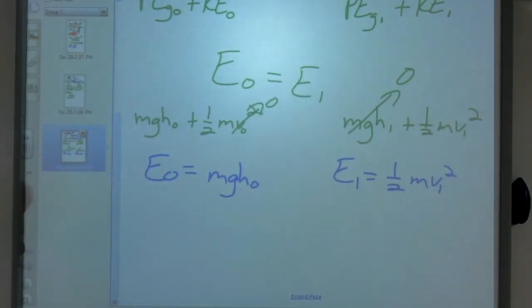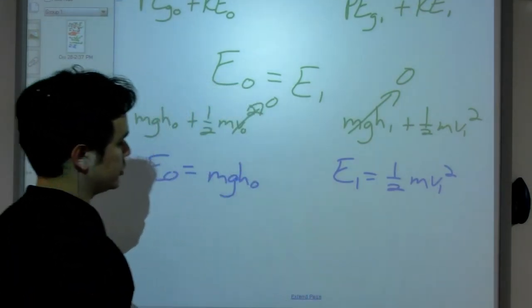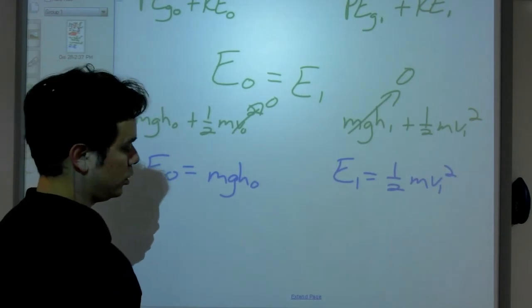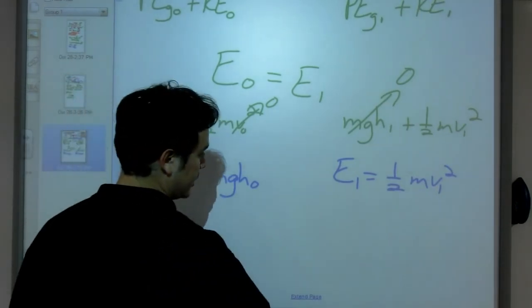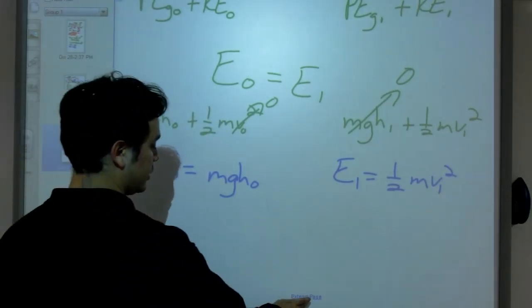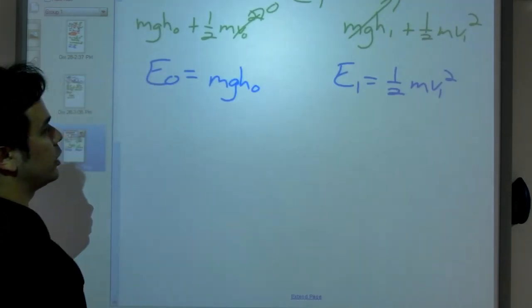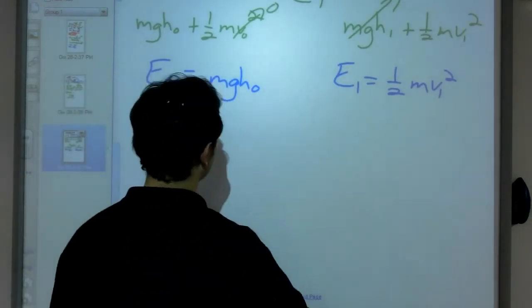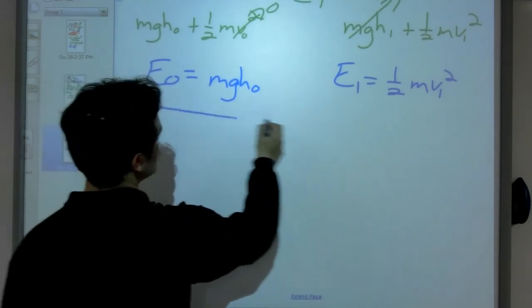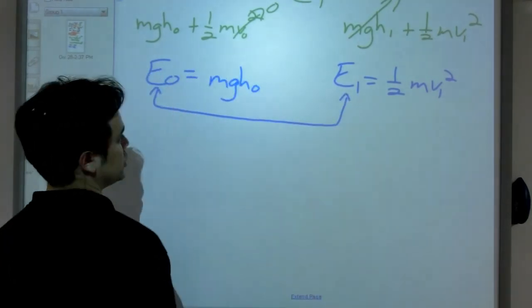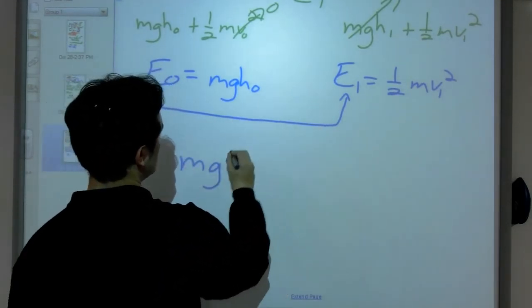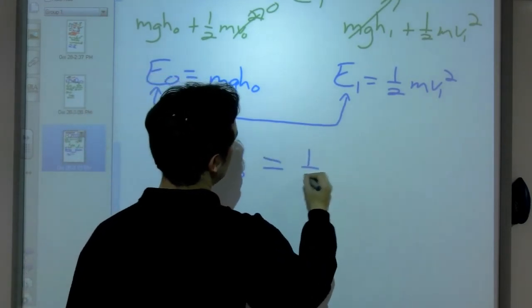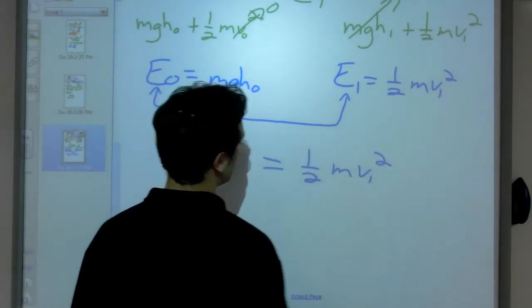I start off with a whole lot of potential gravitational energy, and I end with pretty much no gravitational potential energy, but a whole lot of kinetic energy. Now you'll notice I didn't give a mass for the roller coaster car. That might be a problem. Let's see though. We know that our initial energy is equal to our final energy by conservation. Again, what you start with, you end with. And so I'm going to do mg h naught equals 1/2 m v1 squared.